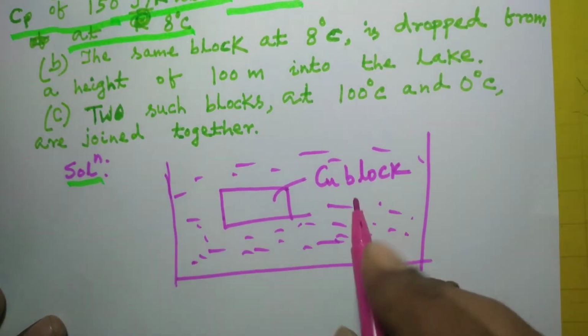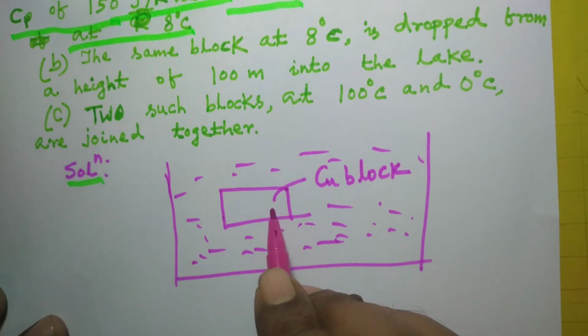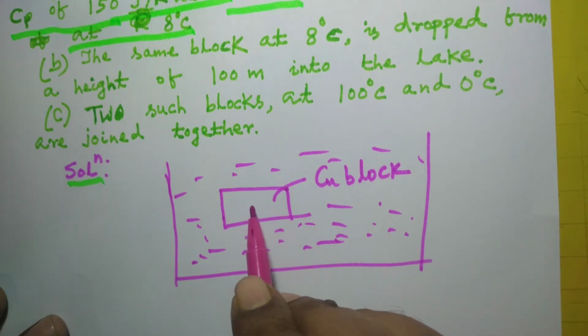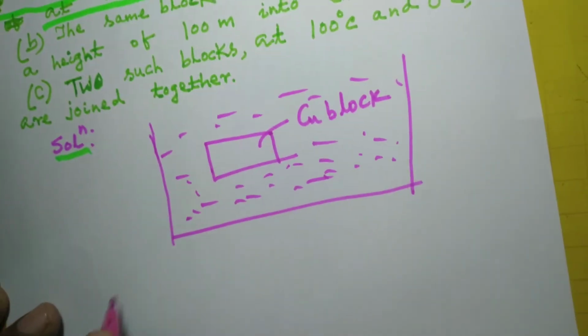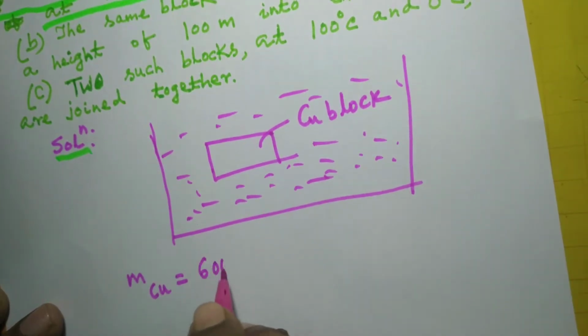So water is there. So copper block, the mass of which is 600 gram.